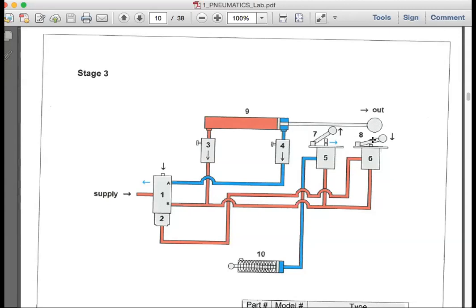Activation of number 8 pushes the stem of number 6, and right now this actuator is being activated, but it had not gotten activated yet. Okay, but it's already pressurizing, and in the next stage, number 2 is activated and will push the stem up.